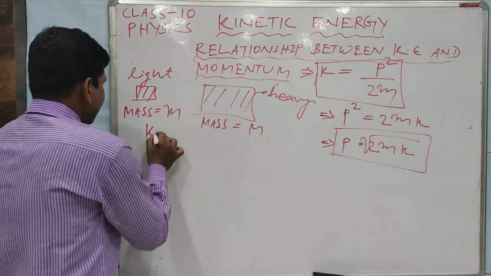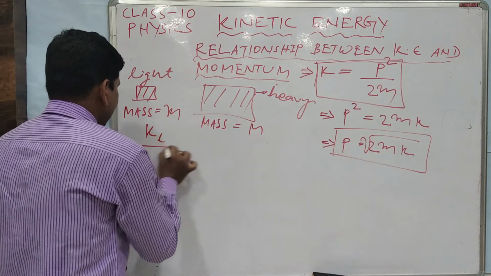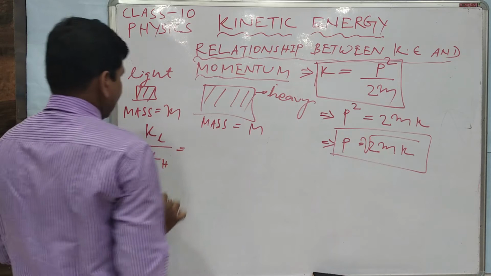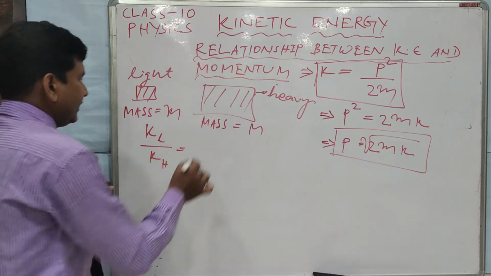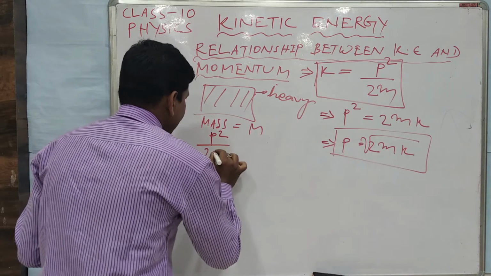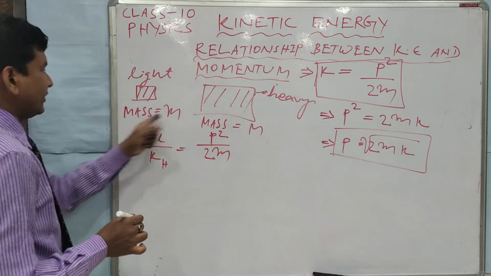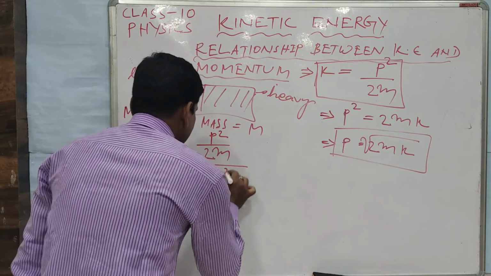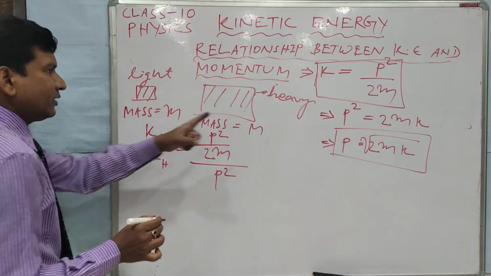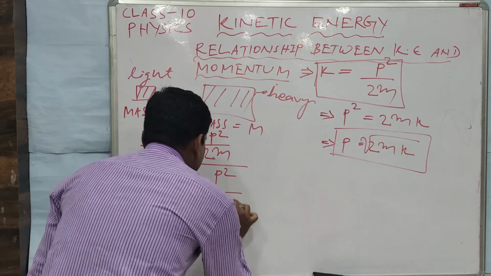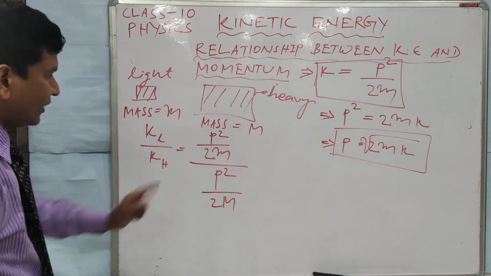So now let's find kinetic energy of light body divided by kinetic energy of heavy body. That is equal to, now the kinetic energy of the light body, what is the formula? P square divided by 2m. Here we will use small m, because for the light body we have taken mass as small m, divided by P square. P we are not changing because the momentum is the same. So P square divided by 2, here capital M. Capital M stands for the heavy body.